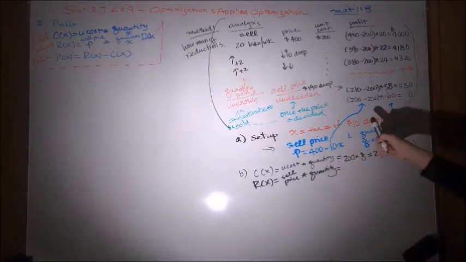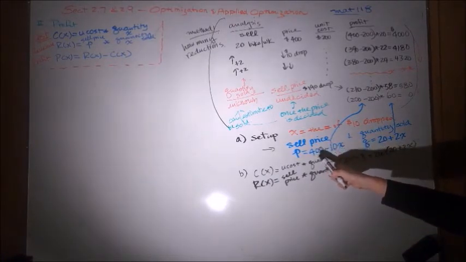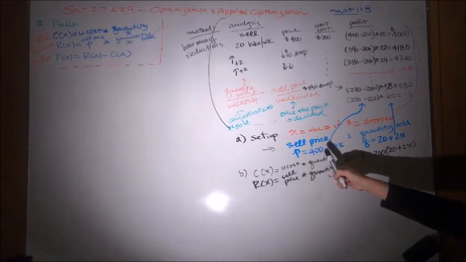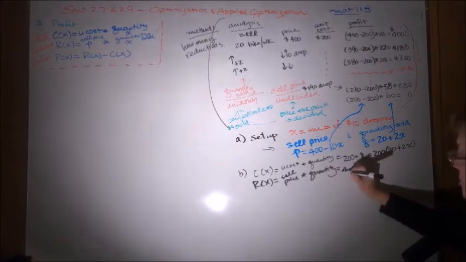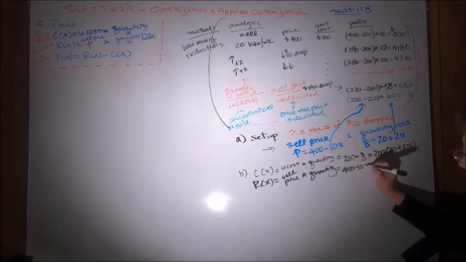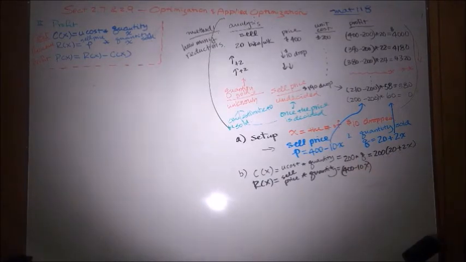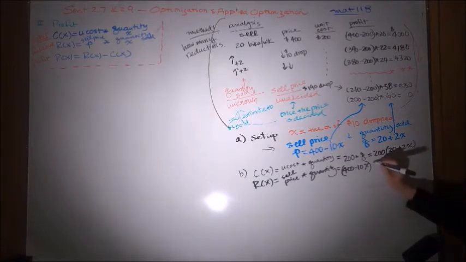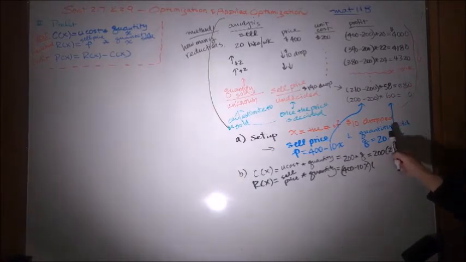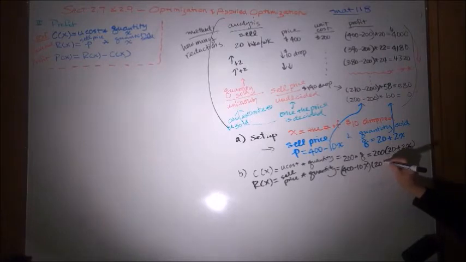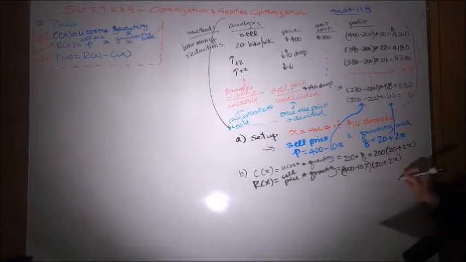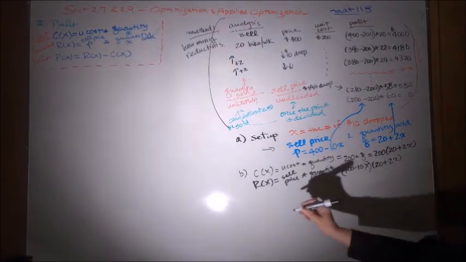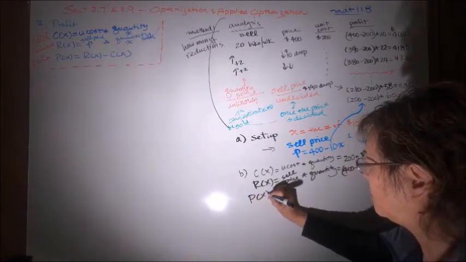The sales price changed, so that's your P. So it will be (400 minus 10x) times the quantity sold. Where is the quantity here? 20 plus 2x, right?